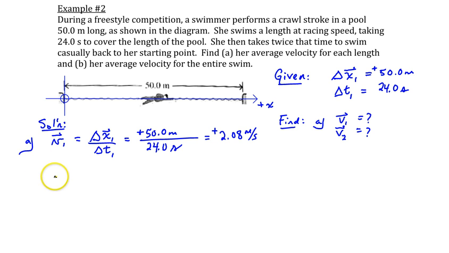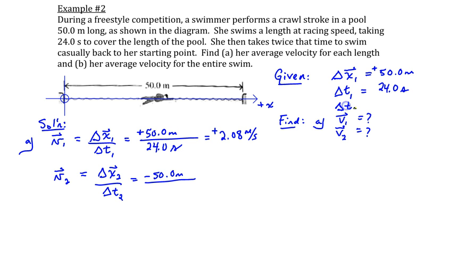Okay, what about when she returns? What's the displacement? We have a displacement that is now going in the opposite direction, because she's going this way now. So rather than positive 50 meters, she is now moving negative 50 meters. And the time is not 24 seconds.